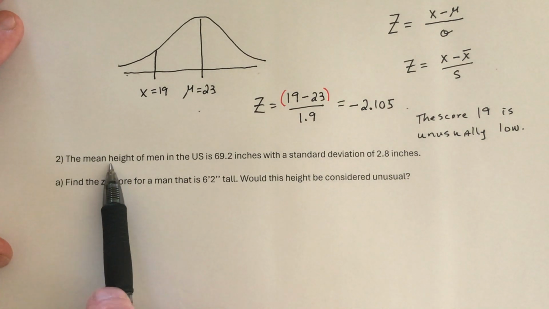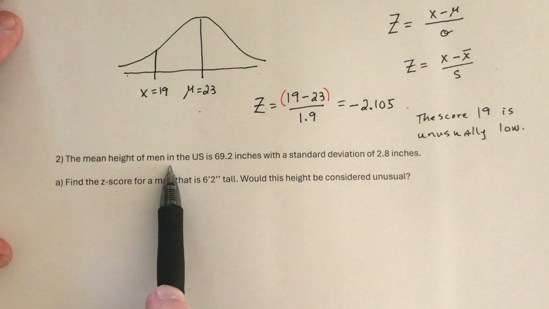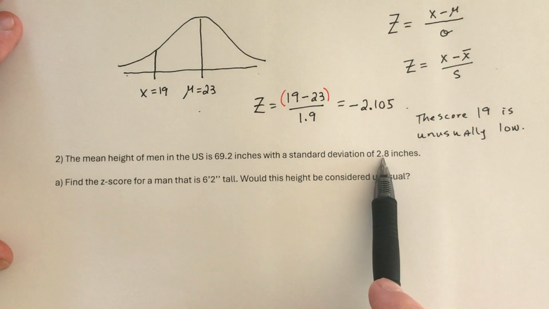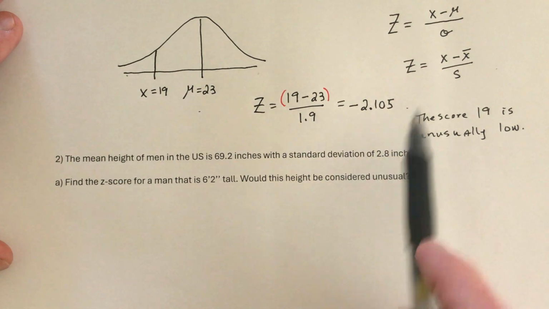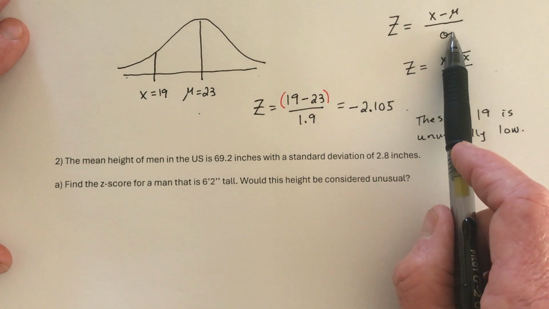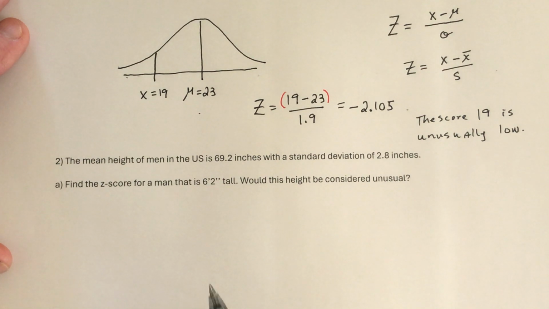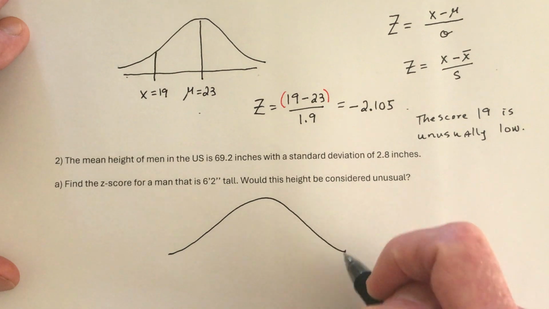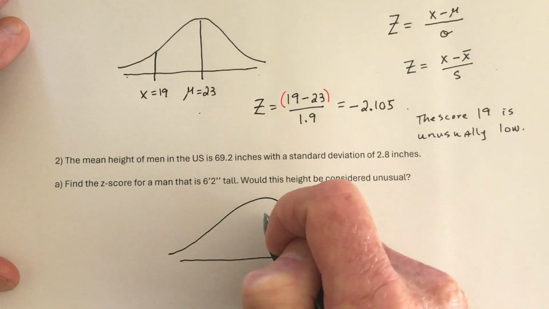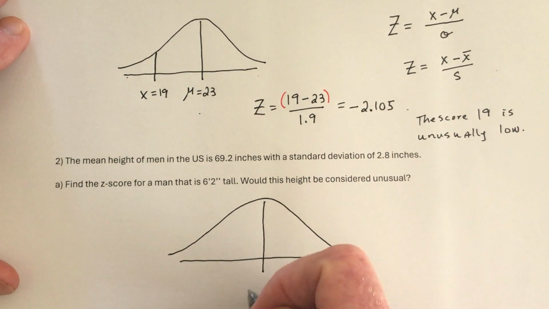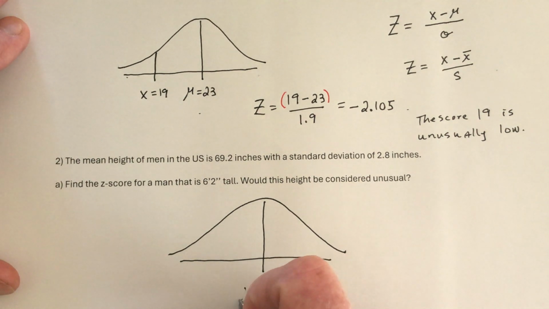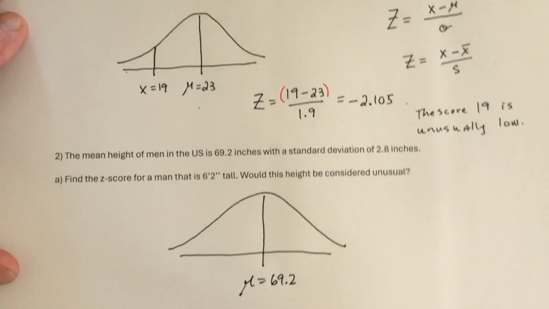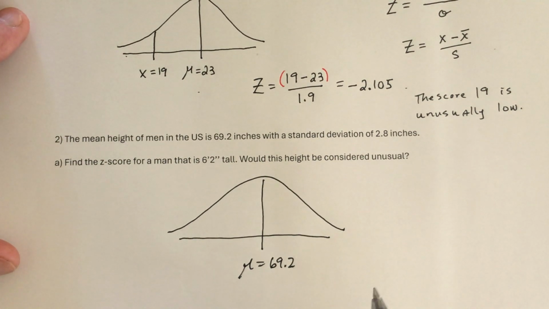I just Googled what's the average height of men in the United States, and Google said it's 69.2, and the standard deviation is 2.8. That's talking about the whole population. This is supposedly true. For heights, there is a normal distribution, and in the middle goes the mean. So the mean height equals 69.2, and that's in inches.